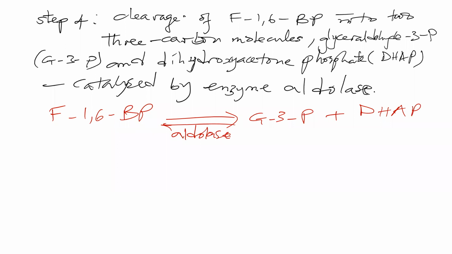So we can draw the structure of fructose 1,6-bisphosphate. We're saying that is O3PO H2C, 2 minus.